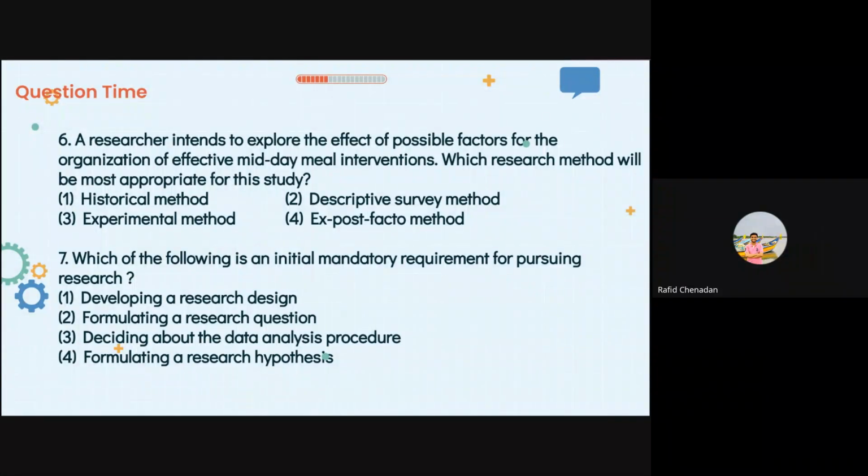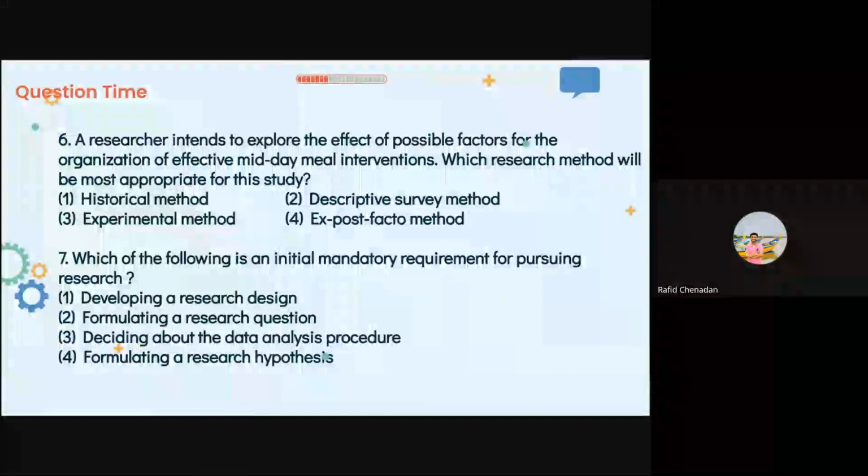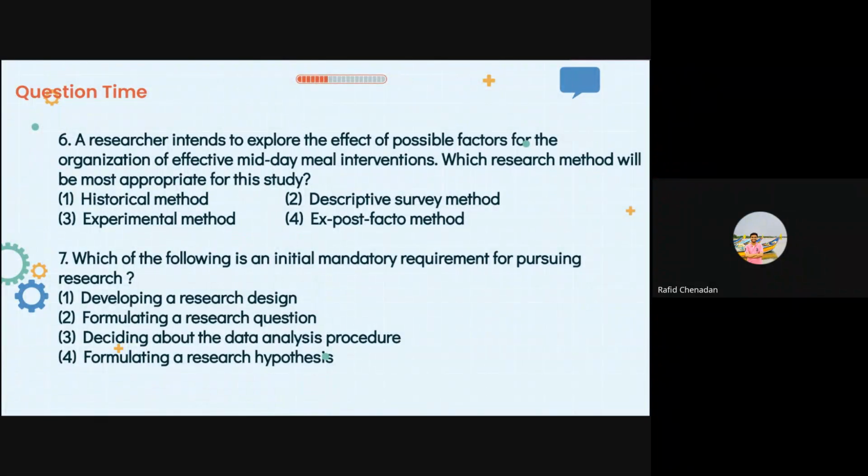So this again is an easily guessable thing. Yeah, we have one person who said 4.